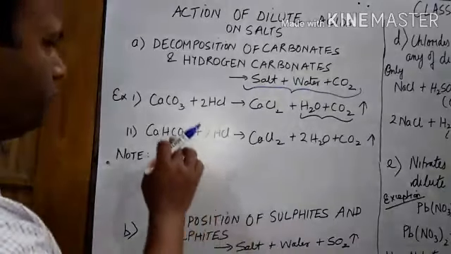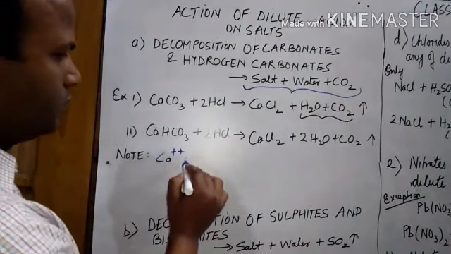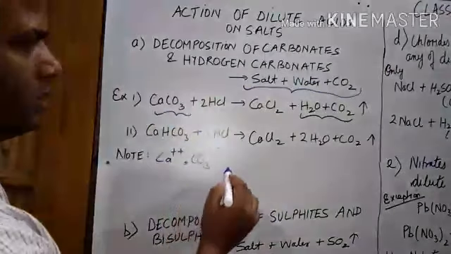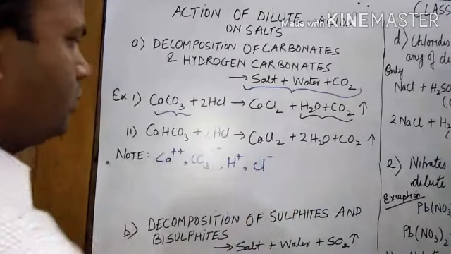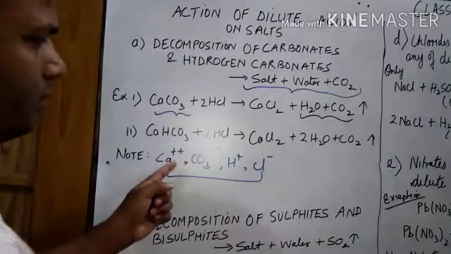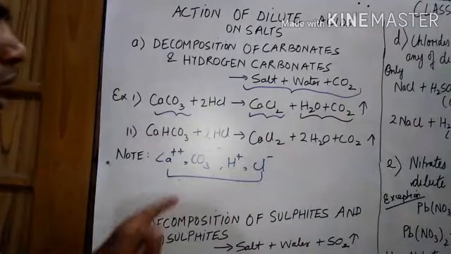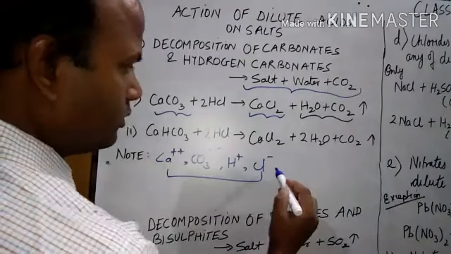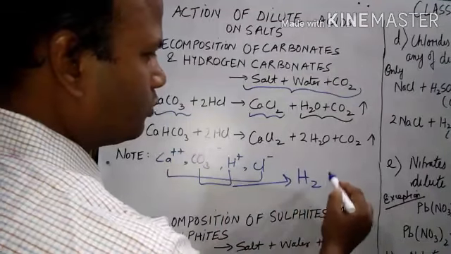So if you see Ca++, CO3--, and then H+, Cl-. Ca++ combines with Cl- to form CaCl2, and H and CO3 combine to form H2CO3.